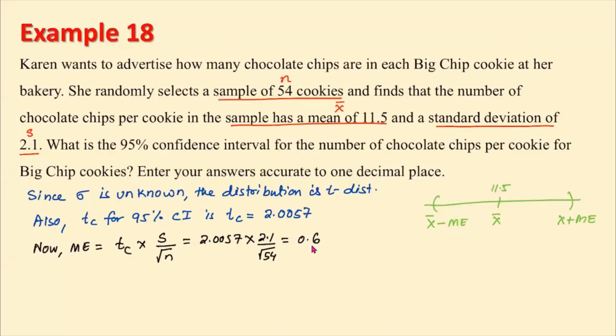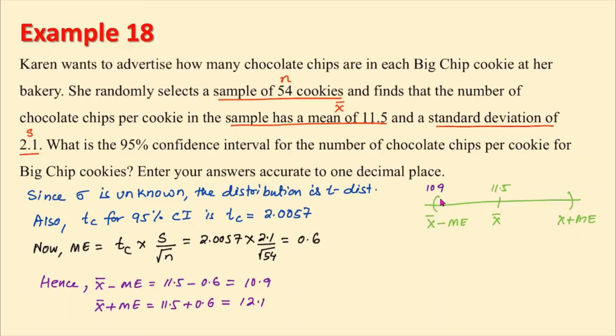Once we get this margin of error, we can find the lower and upper boundary. The lower boundary is mean minus the margin of error, which is 11.5 minus 0.6, giving 10.9. The upper boundary is mean plus margin of error, 11.5 plus 0.6, which is 12.1.